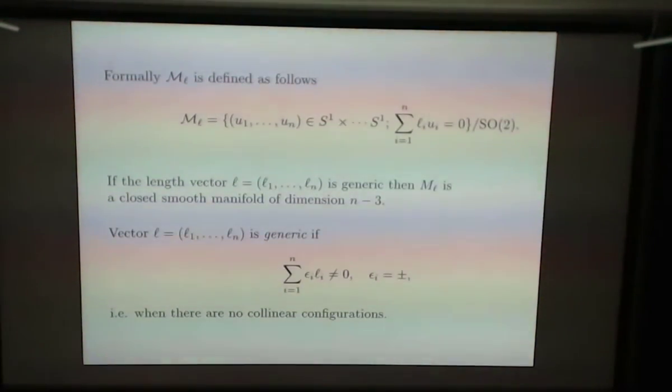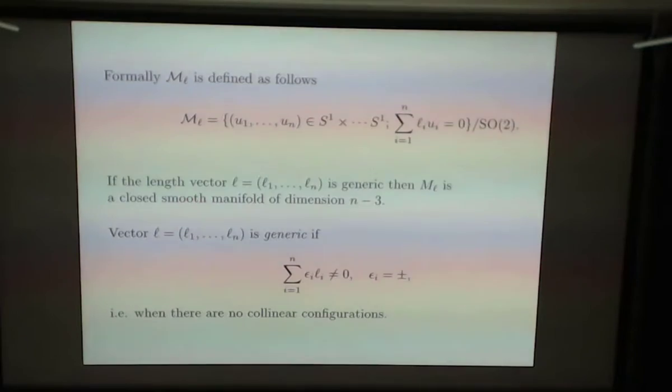Formally, we can describe this variety of shapes as what is called here ML. These are unit vectors U1, ..., Un in the plane such that the sum is 0. U1 is the direction of the first side, U2 the direction of the second side, and so on.